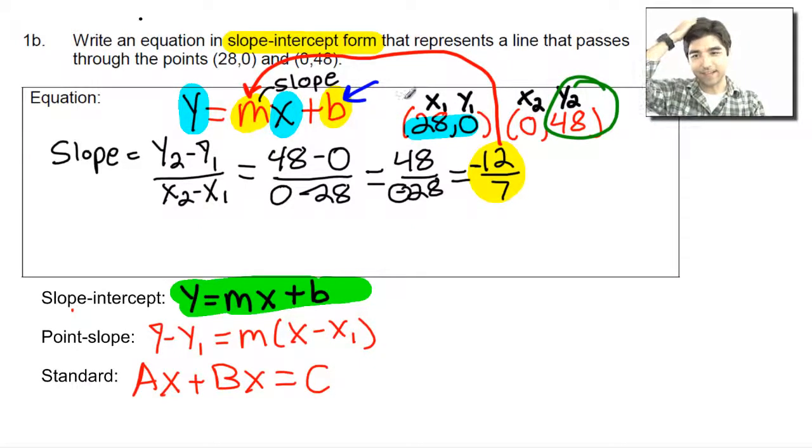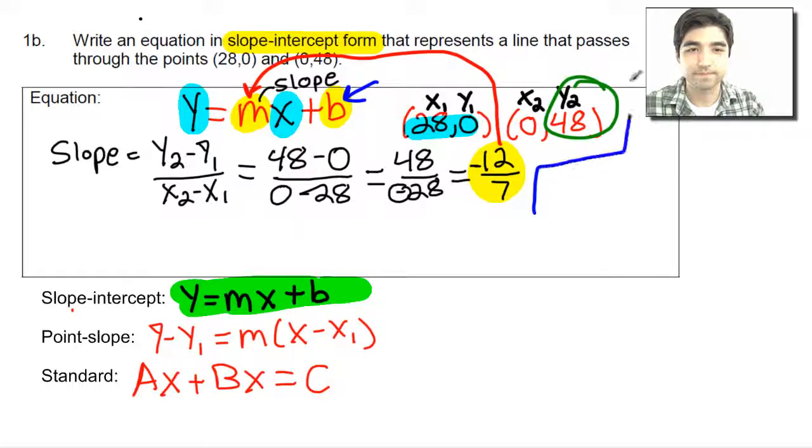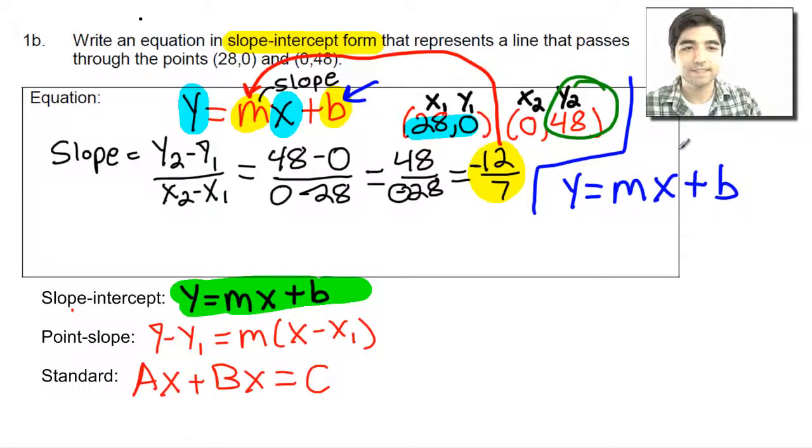In order to find that, hang in there. So you write your y equals mx plus b. Now we're going to put our points in for the x, for the m, and for the y, and then use that in order to find the b.